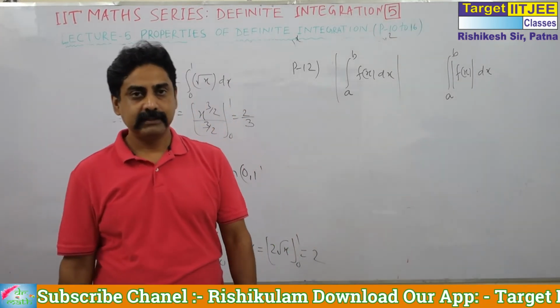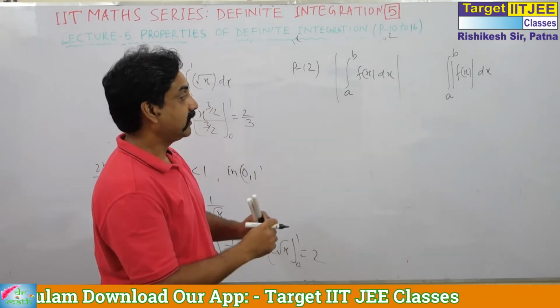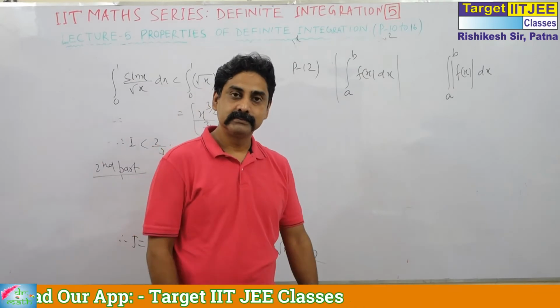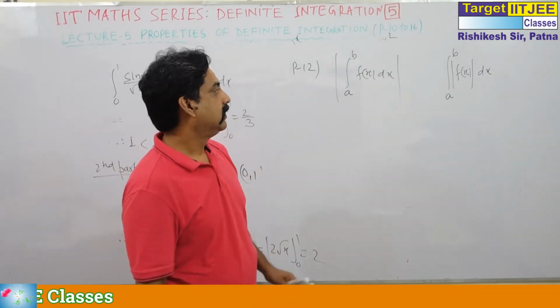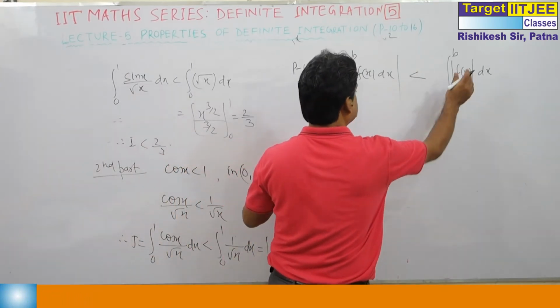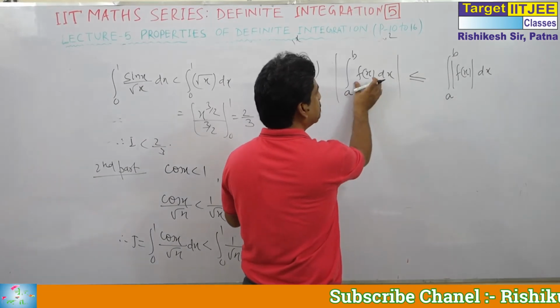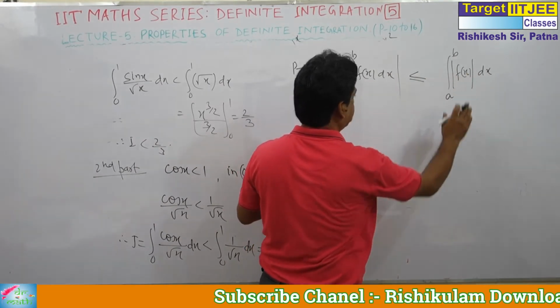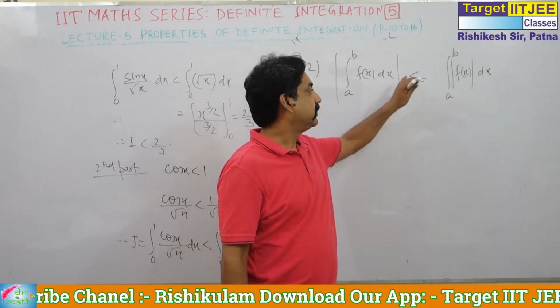Can you say which one is greater? Can you guess? This will be less, this will be greater, and sometimes equality may hold if f(x) is positive, two are equal, or f(x) is completely negative, then also they are equal. But this actually holds. Why?